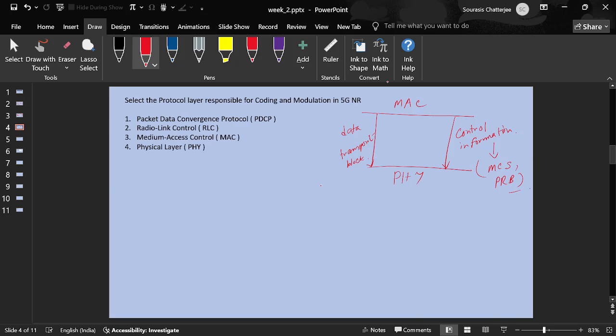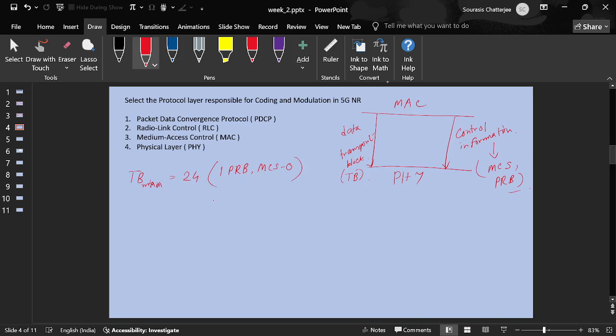Is there any size restriction on the transport block, like minimum and maximum? Or can the transport block be as low as 1 bit? It is 24 minimum. So 24 is the minimum, and its corresponding MCS and PRB values are one PRB and MCS value 0, so we can use QPSK.